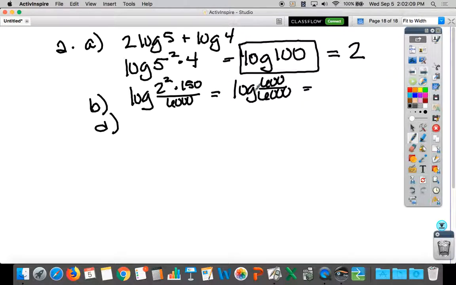So what would that simplify to? 1/10. And that would be what? Negative 1.